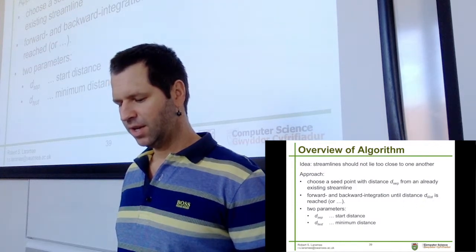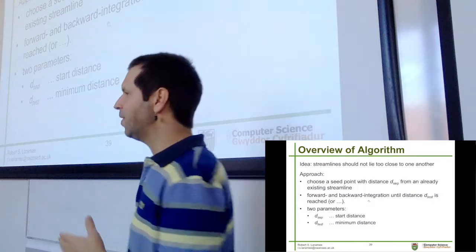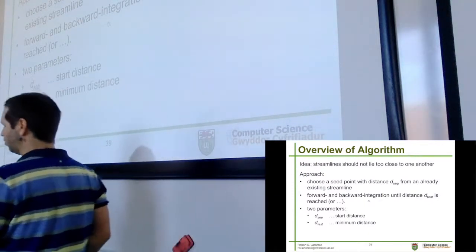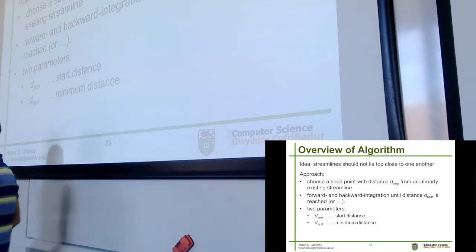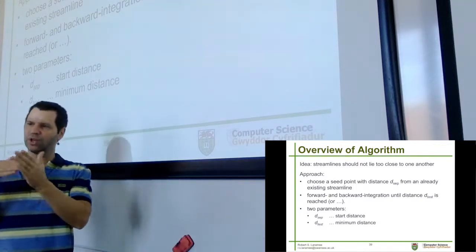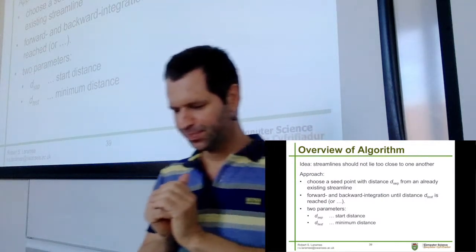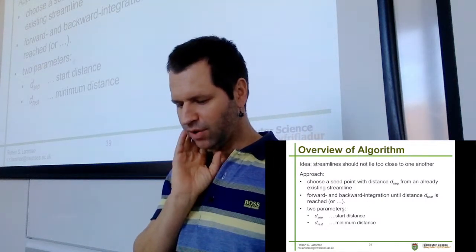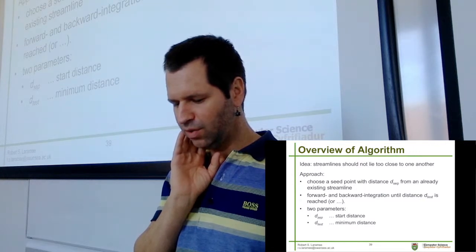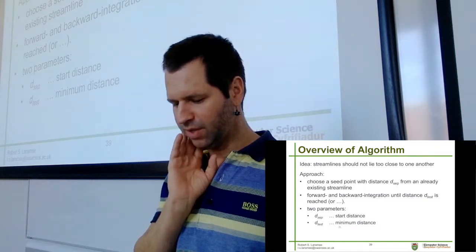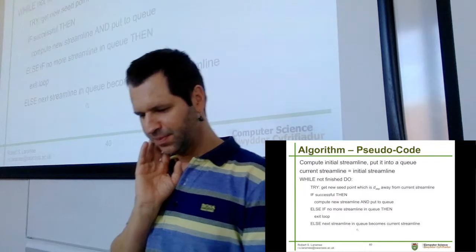And again, it's until the d test is reached. That d test is the distance between the current streamline and the existing streamline, so we don't collide into them. We don't overlap. And there are two very important parameters, d-separation and d-test.